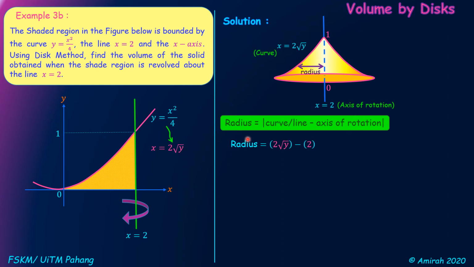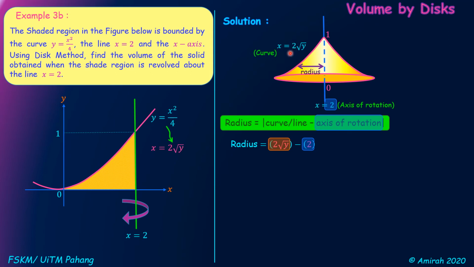So radius equals, we replace the curve, which equals 2 root y, and then minus, we replace the axis of rotation, which equals 2. Note that now we write x as the subject. From the curve we have x as the subject, and from the axis of rotation we also have x as the subject. So that's why we can subtract.